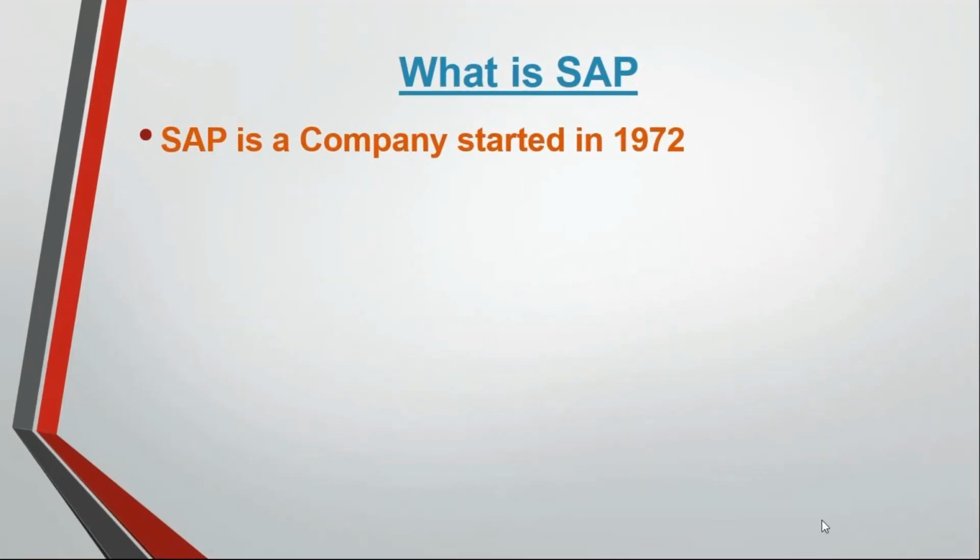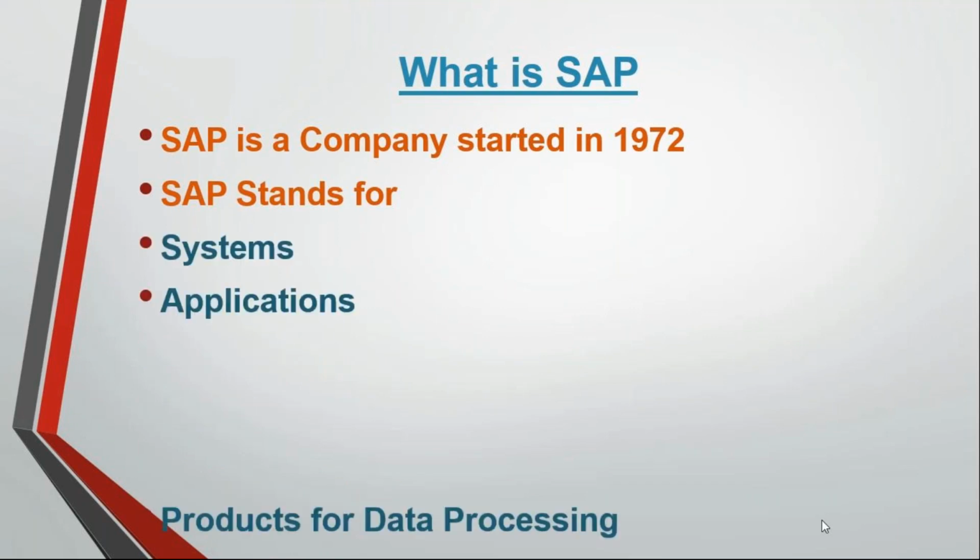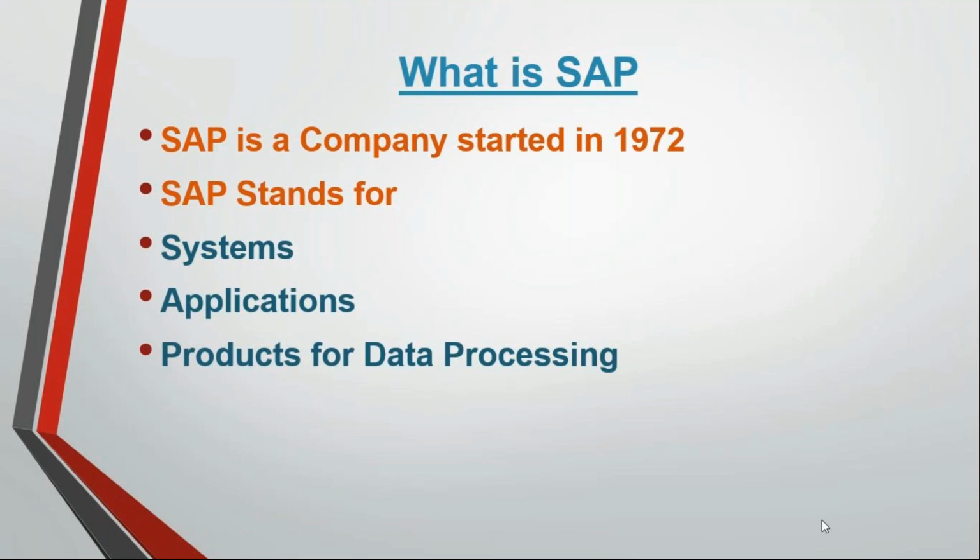what is SAP? Actually, SAP is a company that was started in 1972. We should call it SAP, by its letters, because that's a company name. SAP stands for Systems, Applications and Products for data processing.